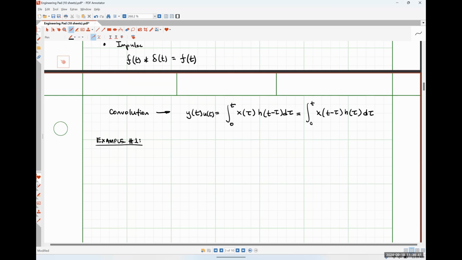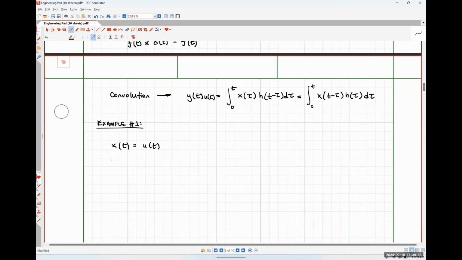That I have an input signal, x of t, equal to just a simple unit step function, and my impulse response, h of t, is given by the following expression.